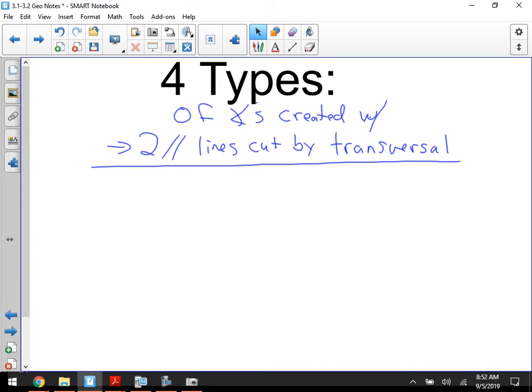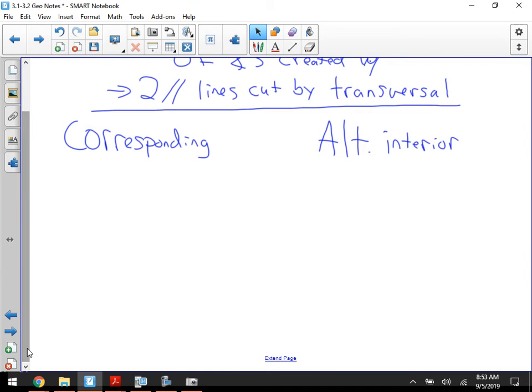So we have four: corresponding, alternate interior. And I'll draw pictures of all of these here. Corresponding angles are just angles that are in the same position.